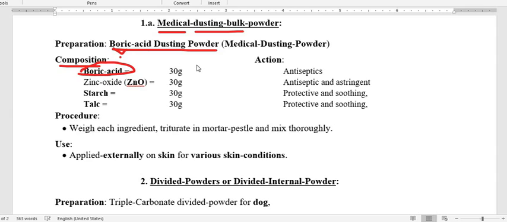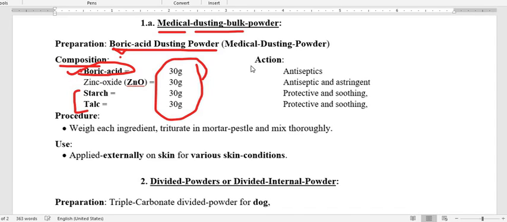Here all the constituents of the boric acid powder are 30 grams, so you take 30 gram of each. Of these, starch and talc are taken as vehicle to increase the amount, and other than that, there are two other main constituents of this boric acid dusting powder, medical preparation.